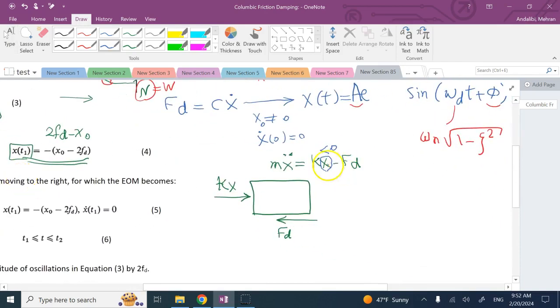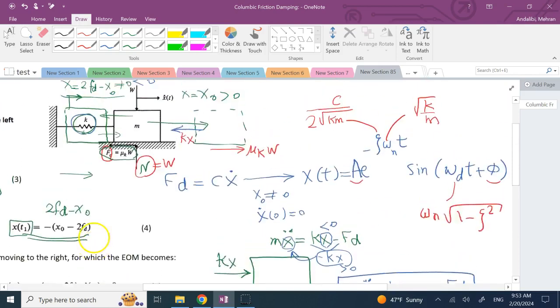So now your x is negative, so this can be considered, if you go with a positive x, this can be considered like negative kx, where now this x is positive. So if you bring it to this side, your equation becomes mx double dot plus kx equals negative ft.